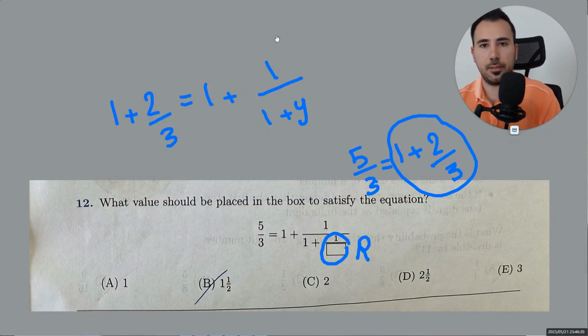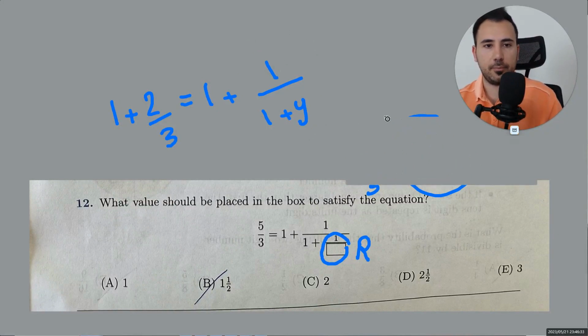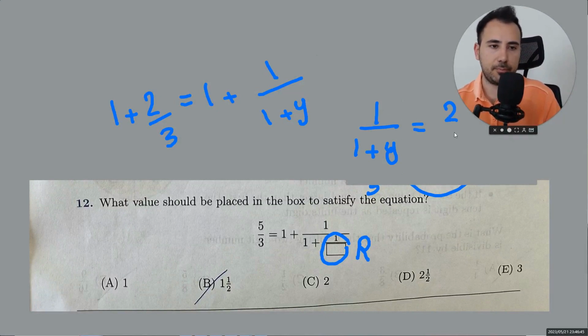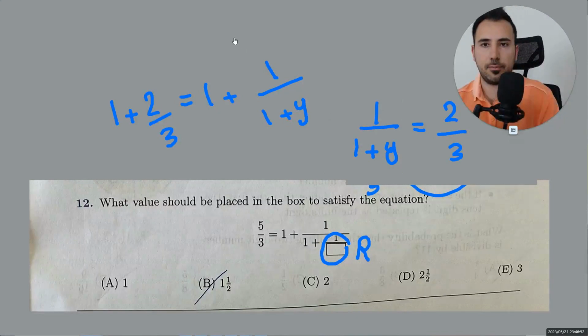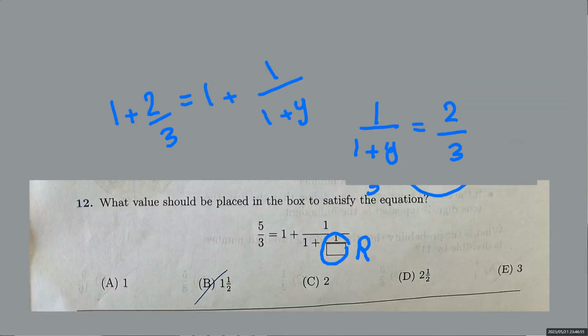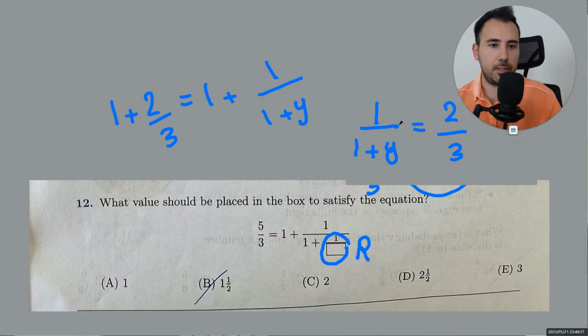Okay, let's go and use that. So now we'll learn that this 1 over 1 plus y is supposed to be 2 over 3. But as you see, okay, this is 1, this is 2. So we just need to multiply both of these by 2.